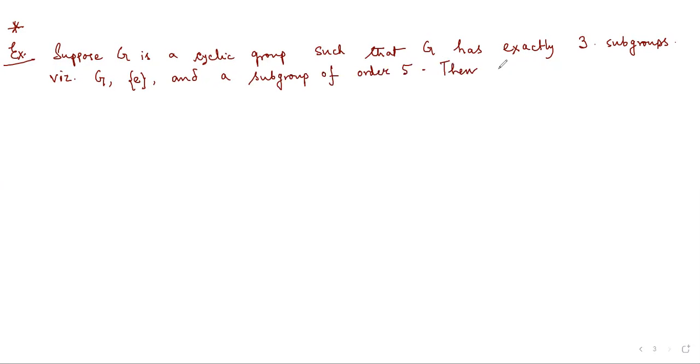Then the order of G is: option A is 5, option B is 10, option C is 25, option D is 125.